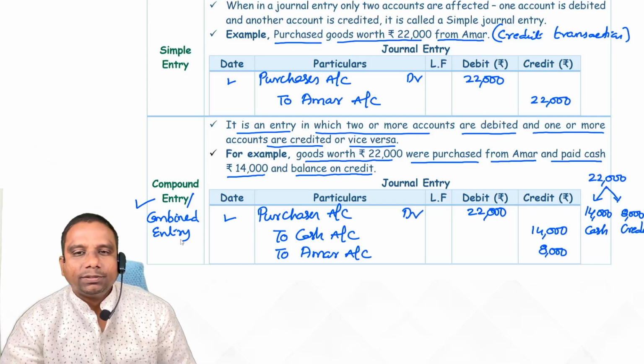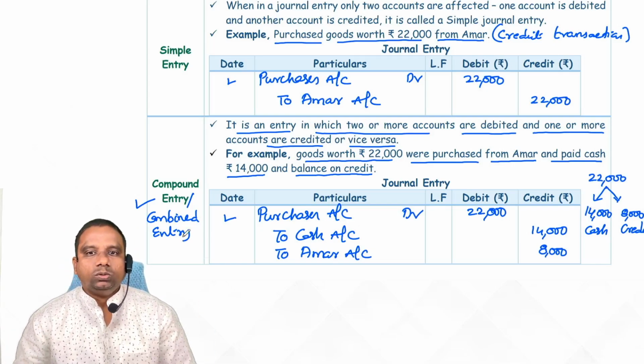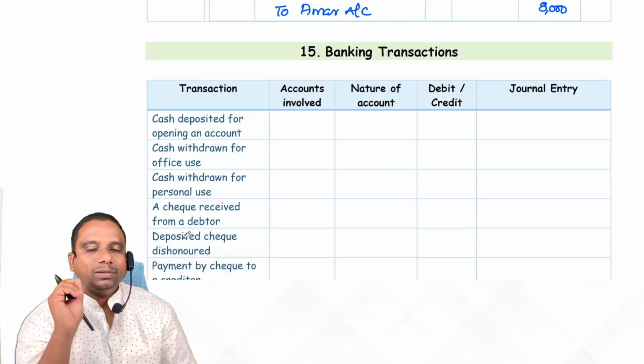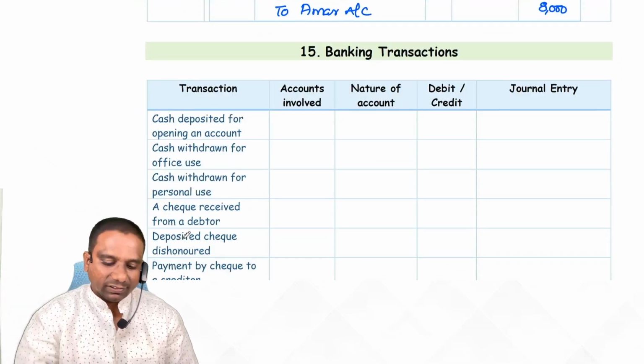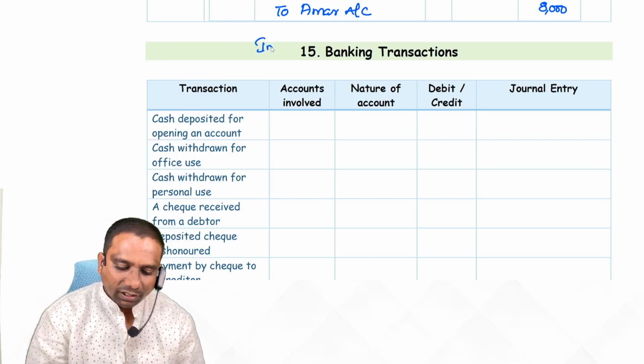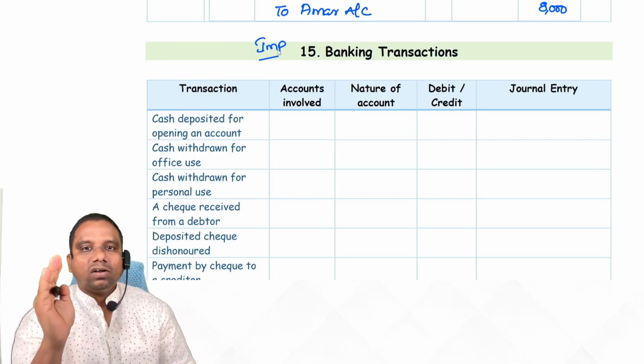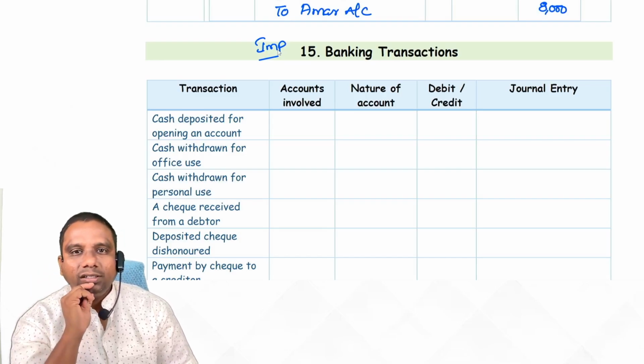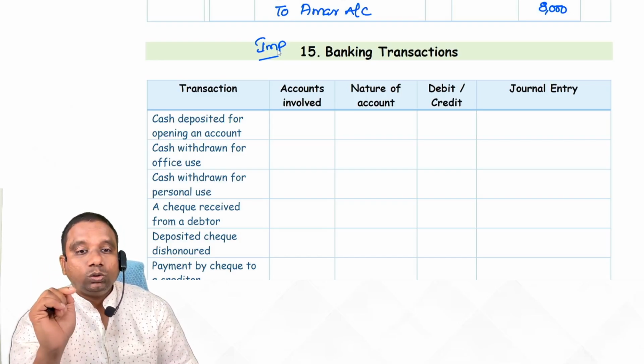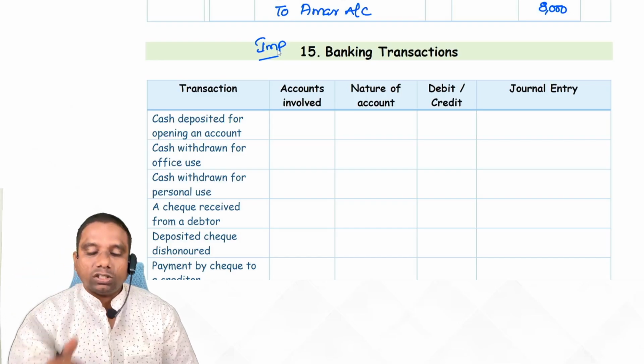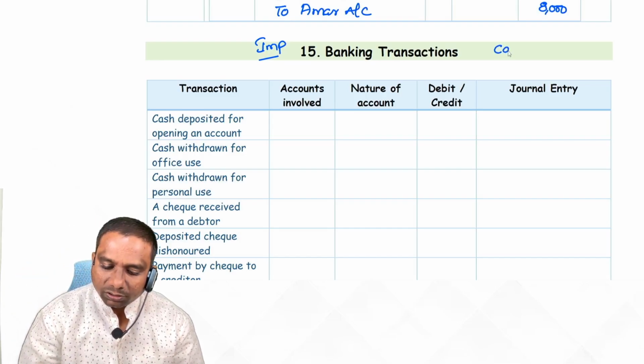Yes or no, students? Now come to next important concept, that is banking transactions. This is very, very important. And this concept helps you to solve the problems of other chapters also. What are those chapters, sir? Cash book chapter.